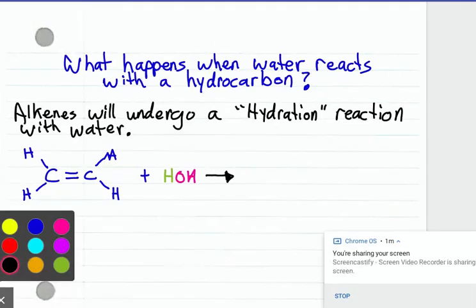So what happens is the double bond that is involved over here in the ethene, those electrons actually shift and they come here. So the electrons in that double bond are going to shift and they come here.